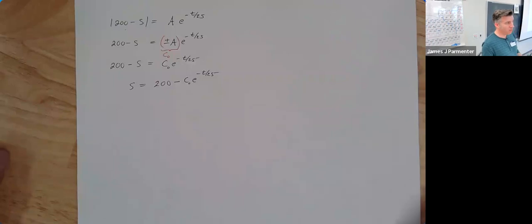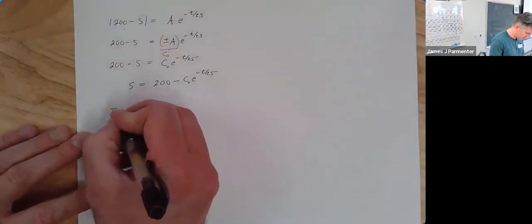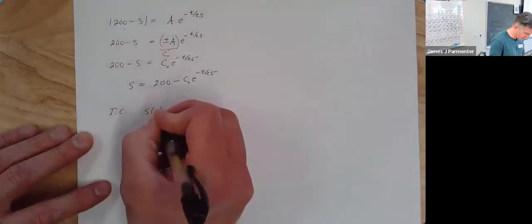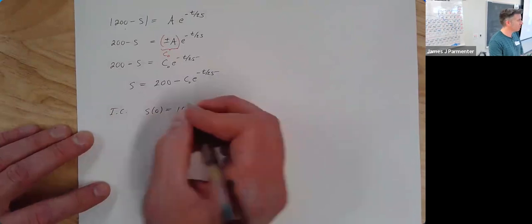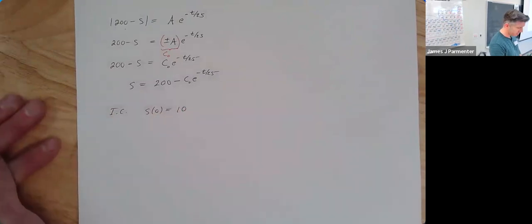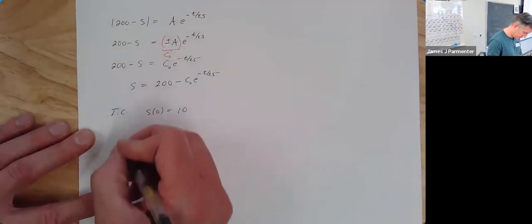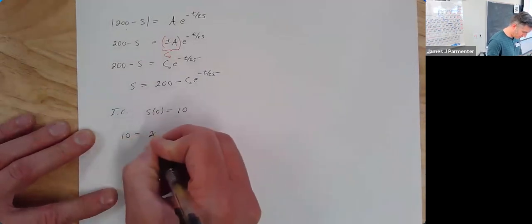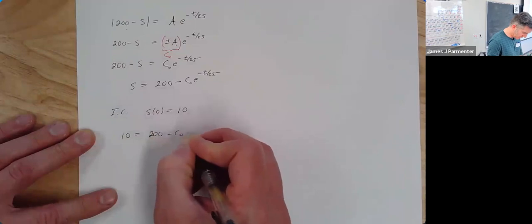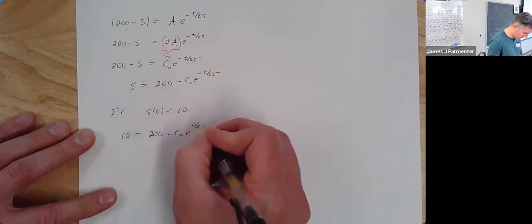So now all we have to do to finish solving our differential equation is use our initial condition. Our initial condition was that at time 0, we had 10 pounds of salt. So if I plug that in, I get 10 equal to 200 minus C naught e to the 0 over 25.